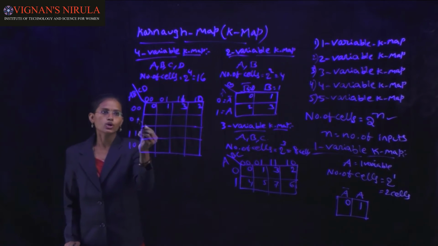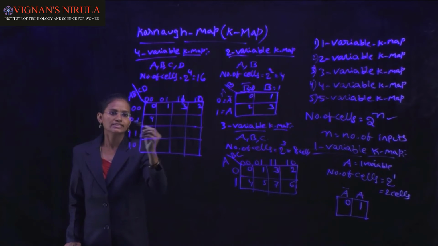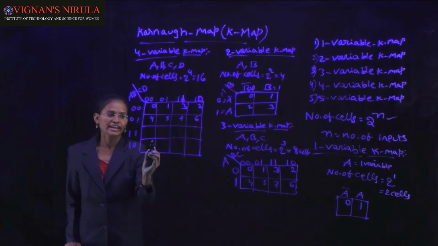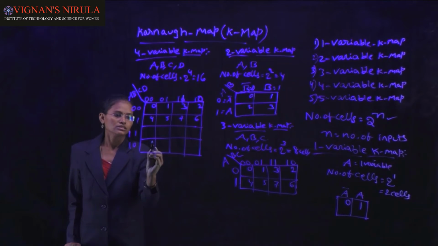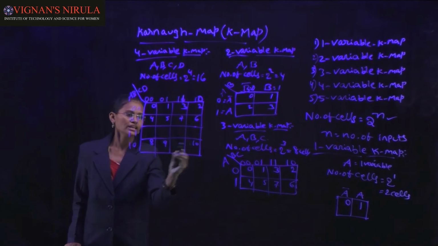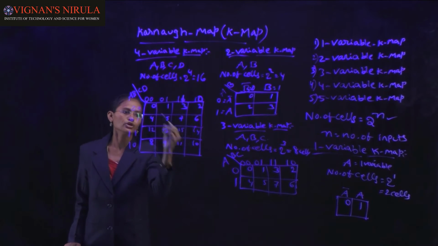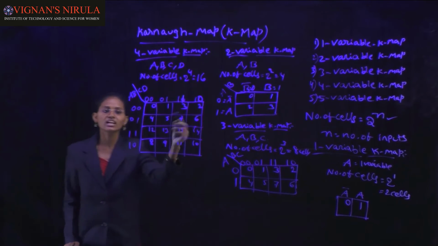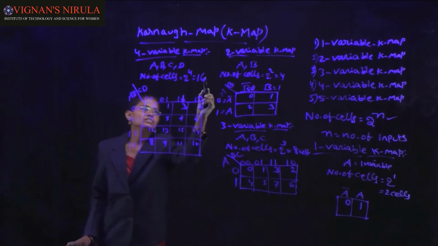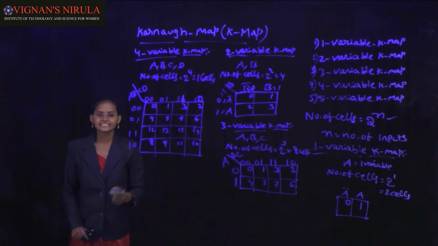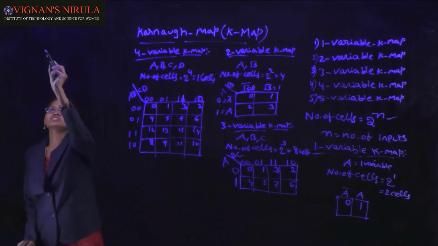Okay, and 0100 is 4, and 0101 is 5, 7, 6. And next 8, 9, 10, 11, 12, 13, 14, 15, 0 to 15. These are the 16 cells of the K-map structure. Okay, next see the 5-variable K-map structure.